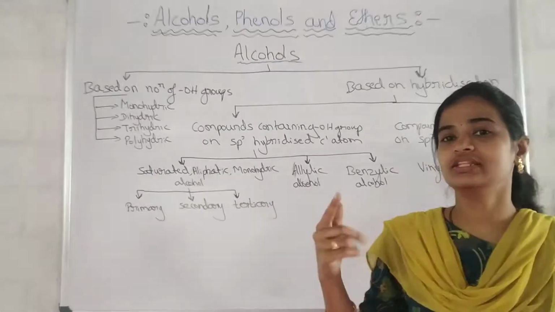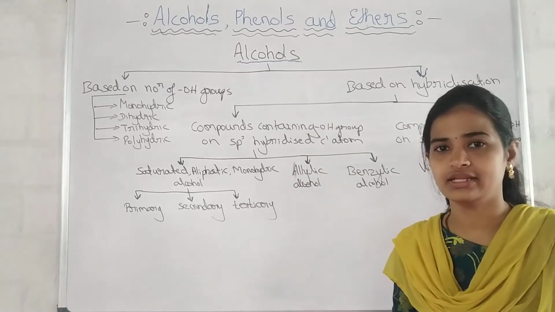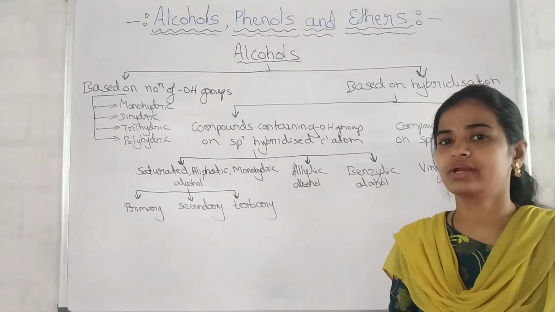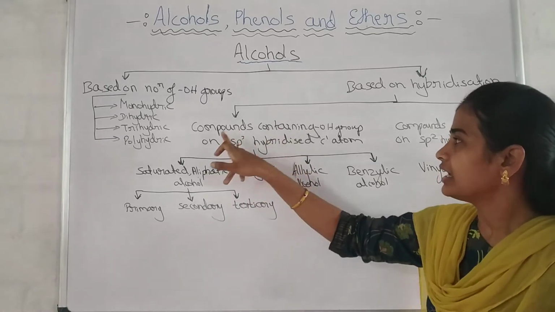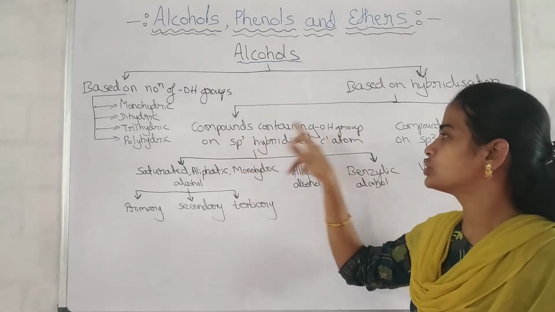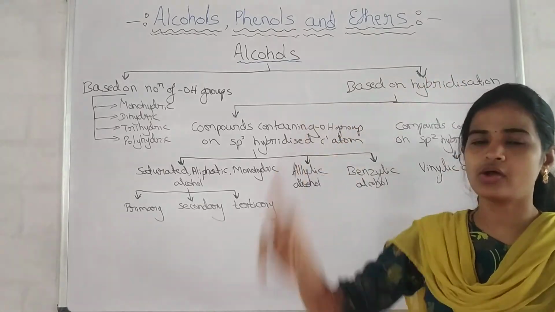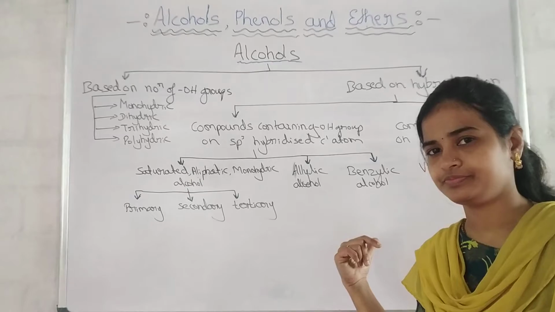This classification is the same way in which we have studied haloalkanes and haloarenes: carbon containing halogen atom on sp2 hybridized carbon atom, on sp3 hybridized carbon atom. Same here. Compounds containing OH group on sp3 hybridized carbon atom, and compounds containing OH group on sp2 hybridized carbon atom.